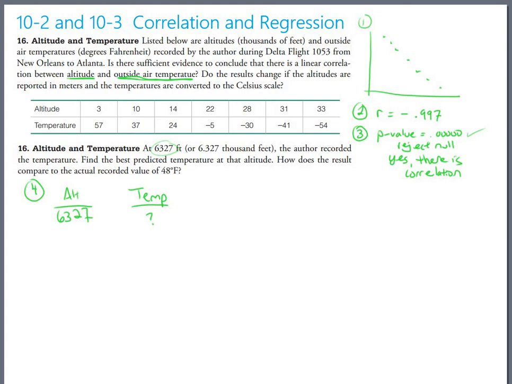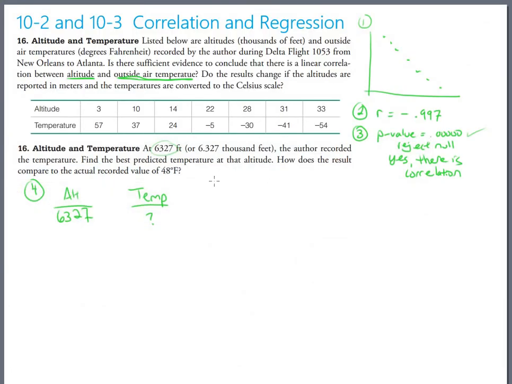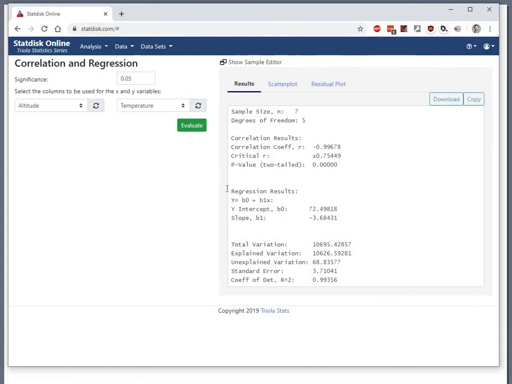So let's get back to StatDisk and copy that equation down. Let's see, the equation is y equals b0, which is 72.5, plus b1. b1 is negative 3.68, times x. So negative 3.68 times x.